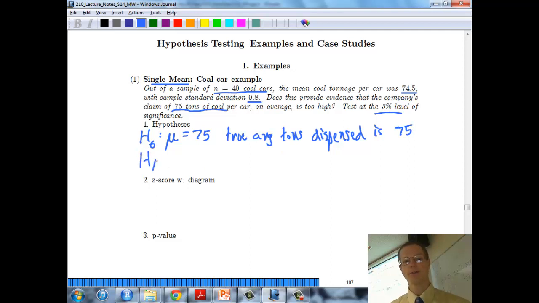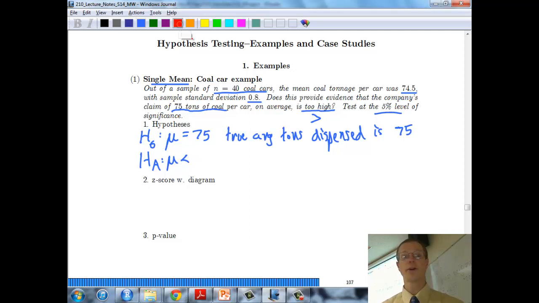The alternative is mu. Since it uses the language too high, I'm going to use a greater than. So it's a one-tailed test asked for. Mu greater than 75 is not going to be right, is it? I'm going to have to do less than.